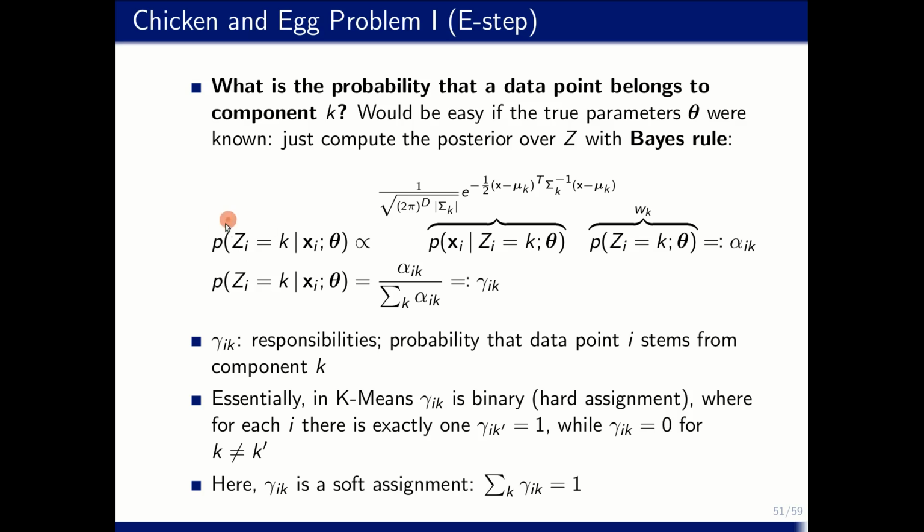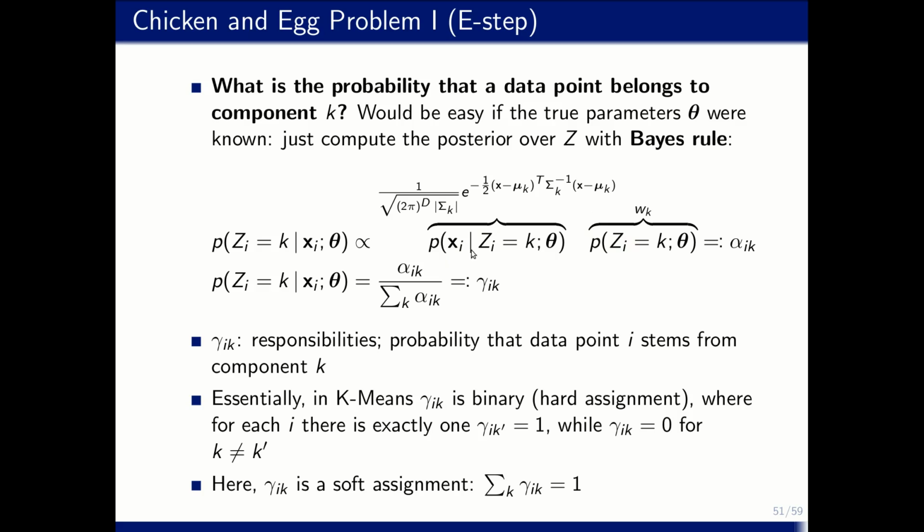The probability that we have selected the kth component given the data is just proportional to the prior over the latent variable times the conditional over data given the latent variable z. So the posterior over z given x is just the probability of x given z times the prior of z. This is just Bayes' rule.